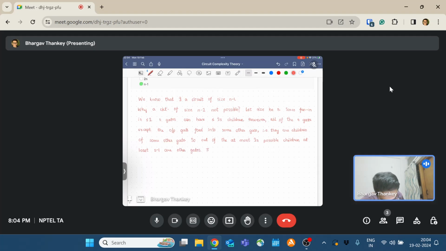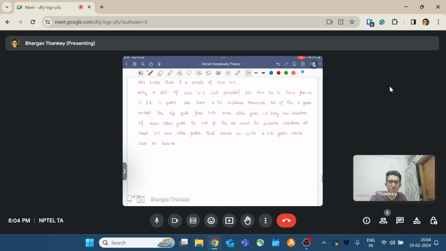And that leaves us with at most s plus 1 gates which can be leaves. So we had at most 2s slots for children, and out of these 2s, at least s minus 1 are occupied. So at most s plus 1 are remaining, and these can be used, right?